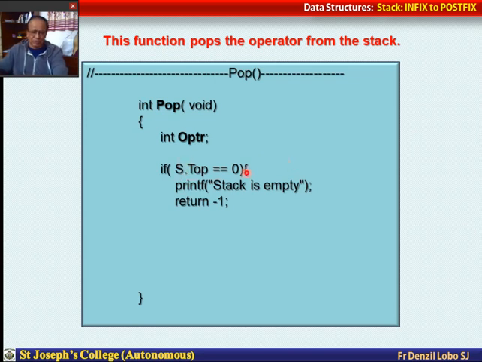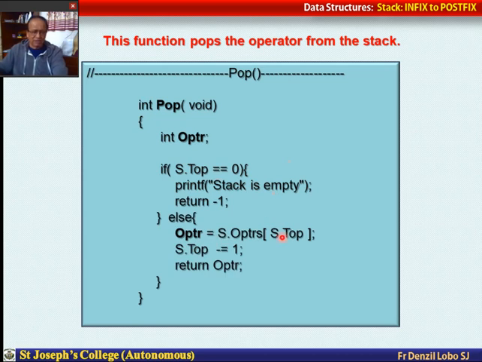So if top is equal to 0, then I say stack is empty, return -1, otherwise I get the operator from this array and then decrement the value of top, because we have removed one operator. Then I return operator.